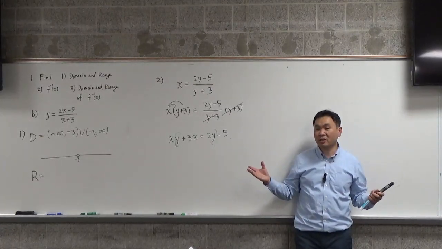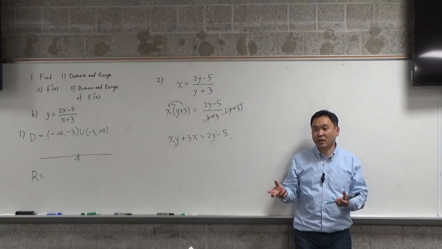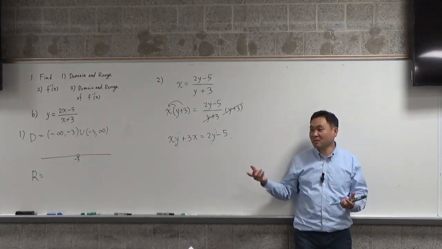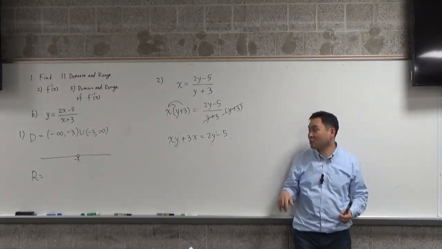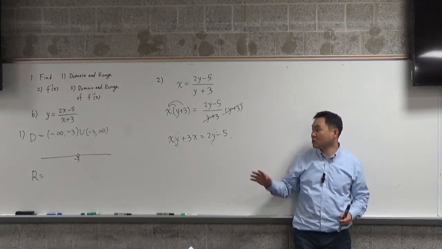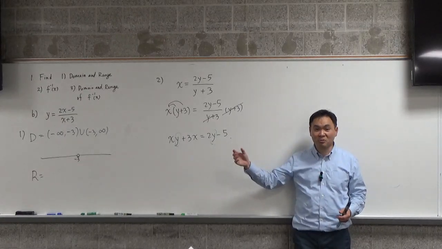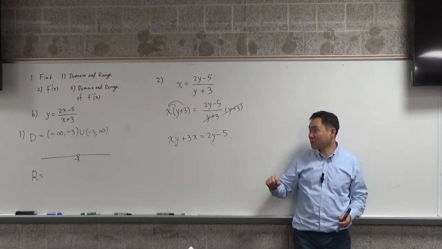You somehow have to make those two y's into a single y in order to solve for y. You kind of get it, right? If you have y in two different places, it's really hard to solve for y. So what you want to do is bring the y's to one side, to put them close together to see if you can somehow extract only the y from them.